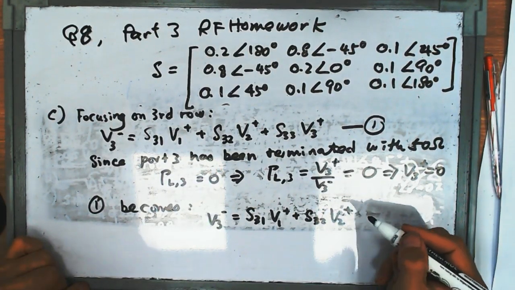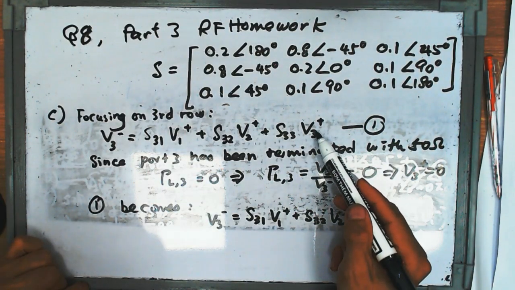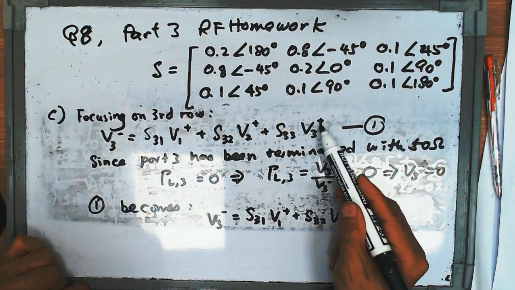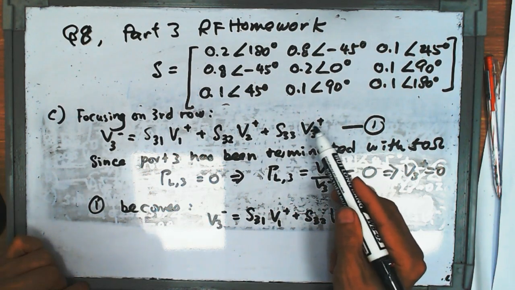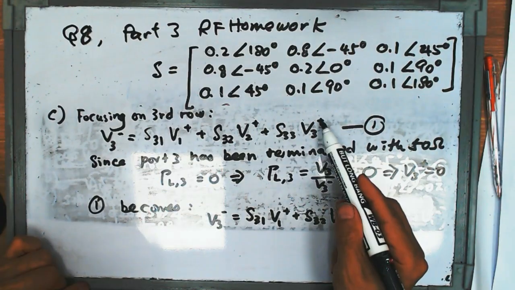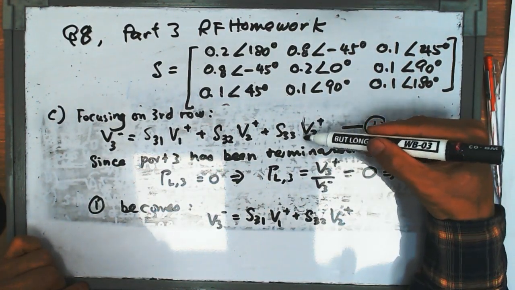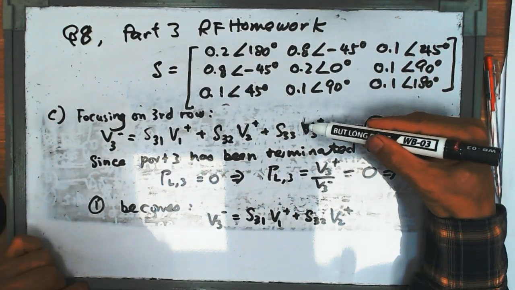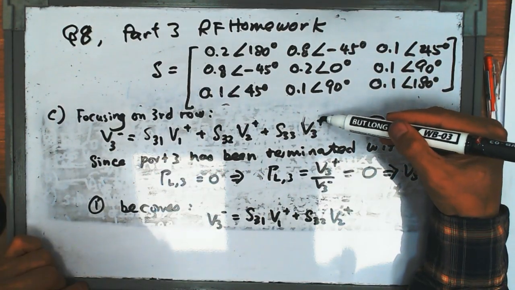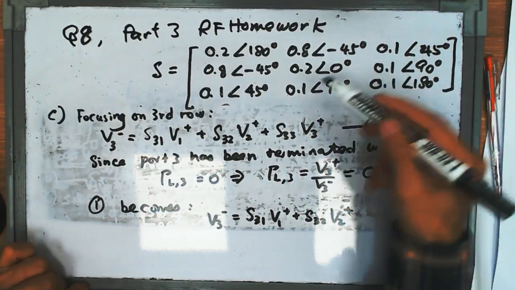S13 may not be 0, but V3 plus, the reflected voltage at port 3, is 0. So you can just ignore all the terms that need to multiply with V3.